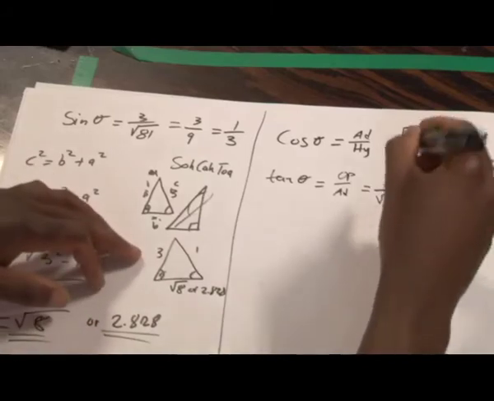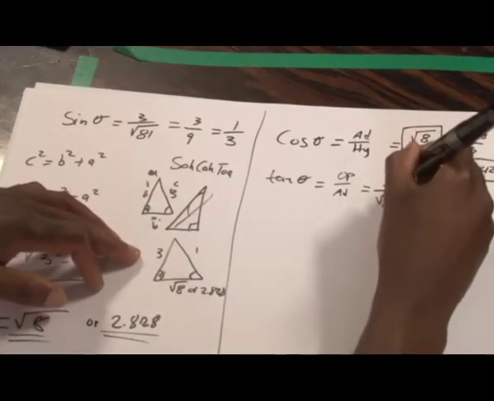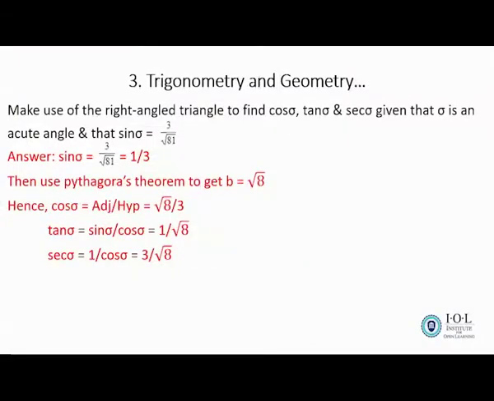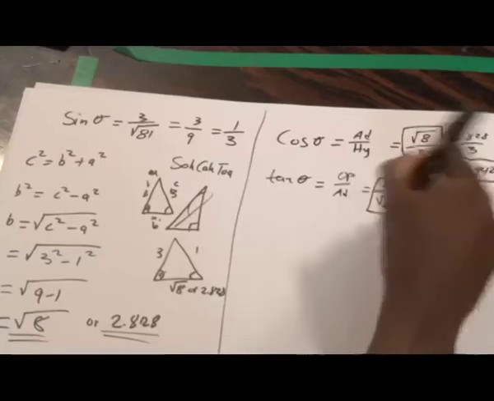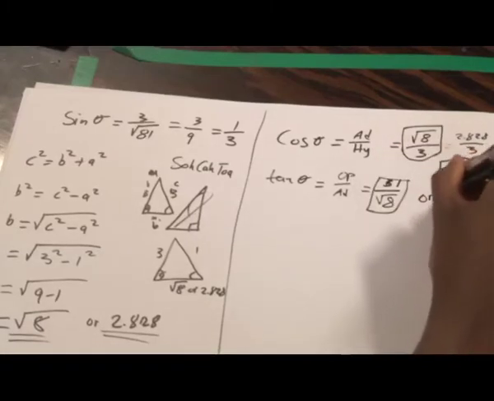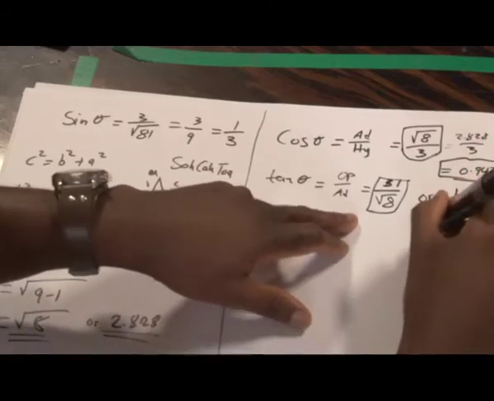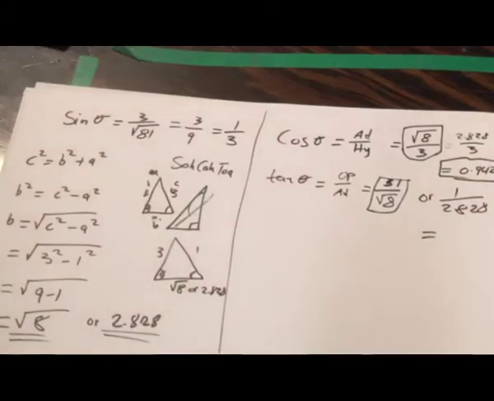No, sorry, our opposite is 1. Opposite is 1. So adjacent is the square root of 8. Then 1 over square root of 8. Even if you write it like that, it is correct. Or you can say 1 divided by the square root of 8, 2.828.